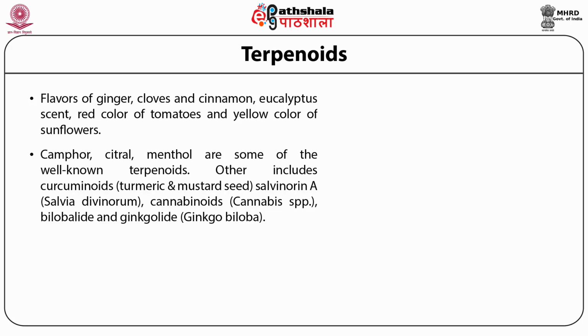The other terpenoids include curcuminoids present in turmeric and mustard seed, salvinorin A which is present in Salvia divinorum, cannabinoids present in cannabis species, bilobalide and ginkgolide present in Ginkgo biloba.